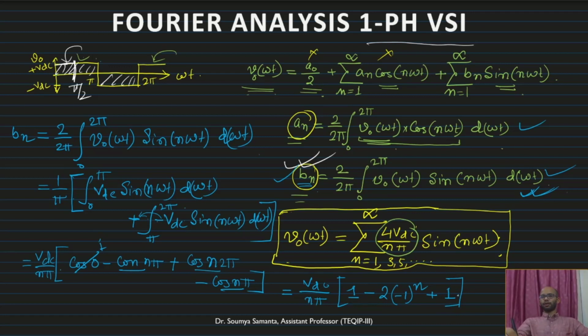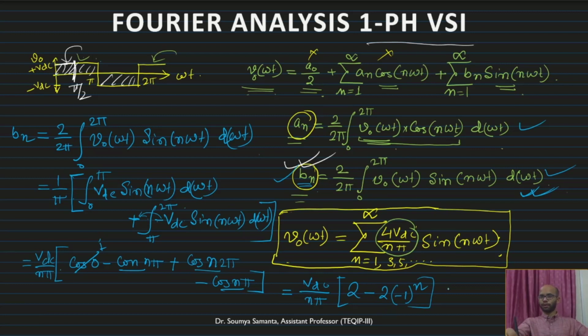Obviously to the power n, but every time this will be 1. So what is the final value we are getting? Let me simplify this one here itself, as this space is very less. So this will be 2 minus twice this one.